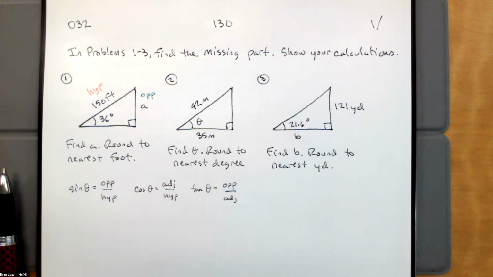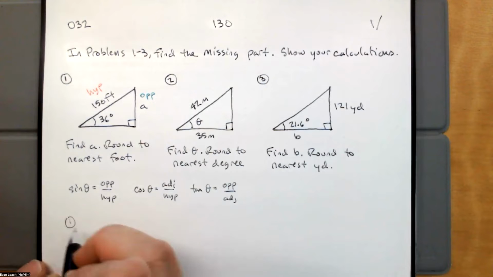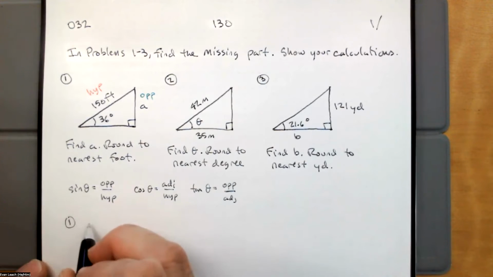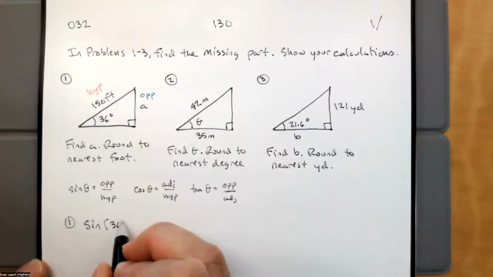So we're given a hypotenuse, and we're looking for the opposite. We have an angle that we know. So which trig function should we use that involves opposite and hypotenuse? Sine. So let's set up the ratio involving sine. The angle that we're given is 36 degrees.